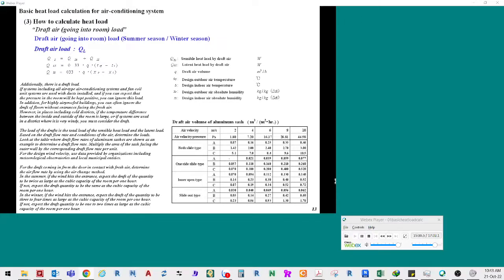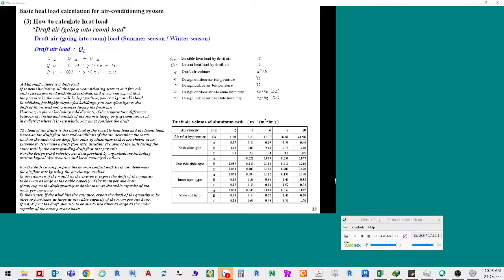Additionally, there is a draft load. If systems including all-air type air conditioning systems and fan coil unit systems are used with ducts installed, and if you can expect that the pressure in the room will be kept positive, you can ignore this load.